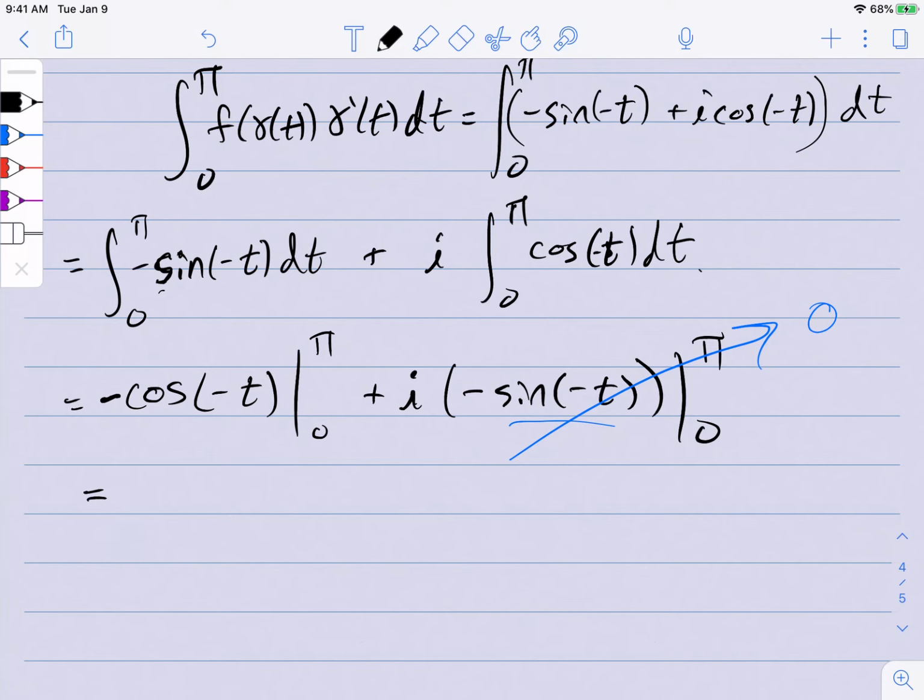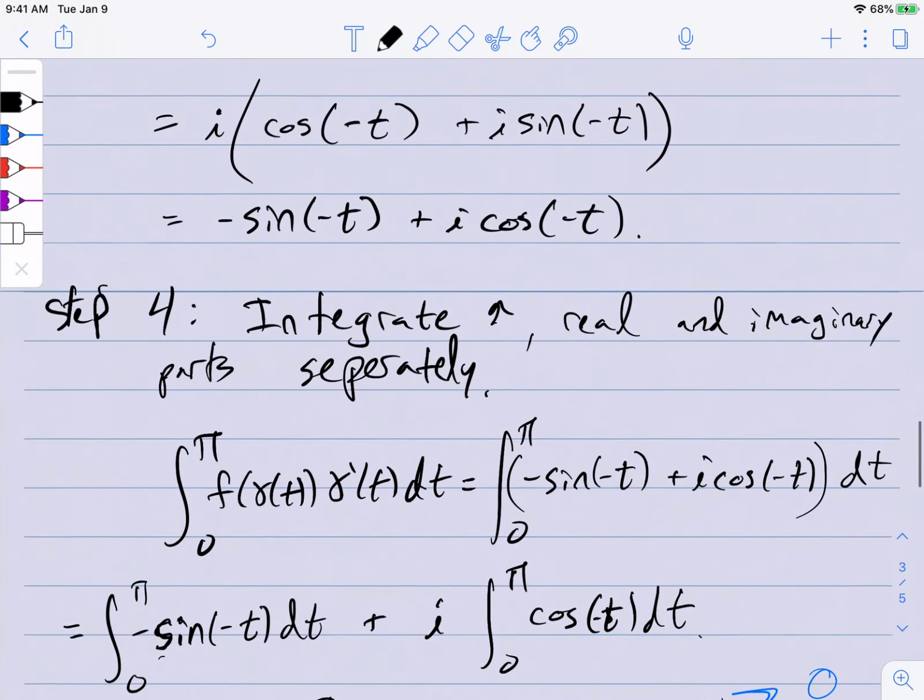Taking the minus of that, I get 1. And cosine of 0 is 1, so the negative of that is minus 1. And so I'm getting 2 as my integral, if I didn't make any mistakes. Cool. So that's the number that we get.